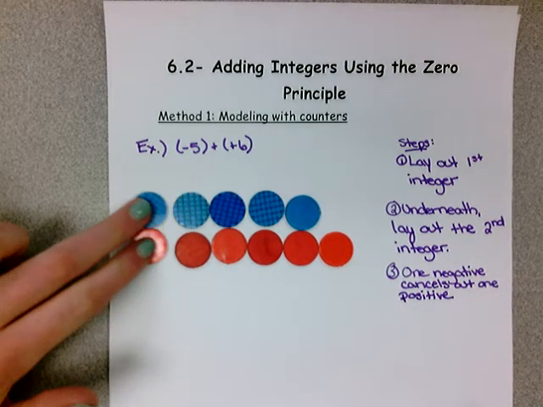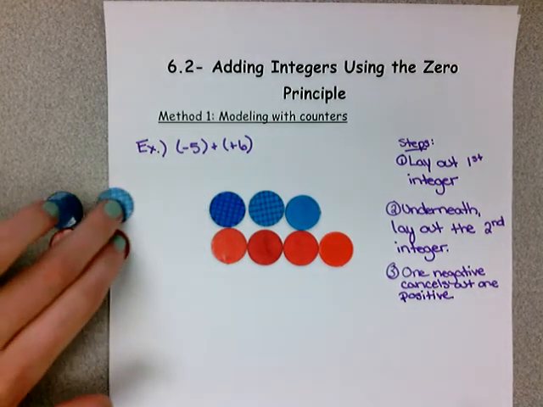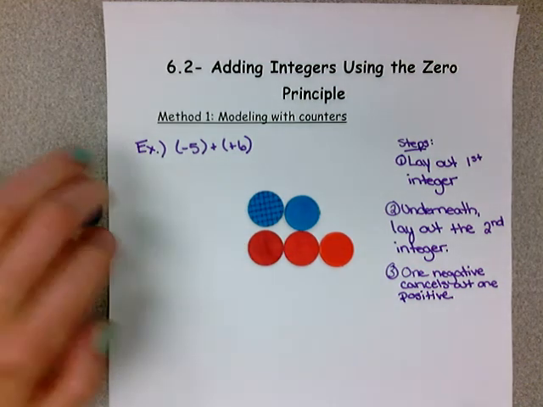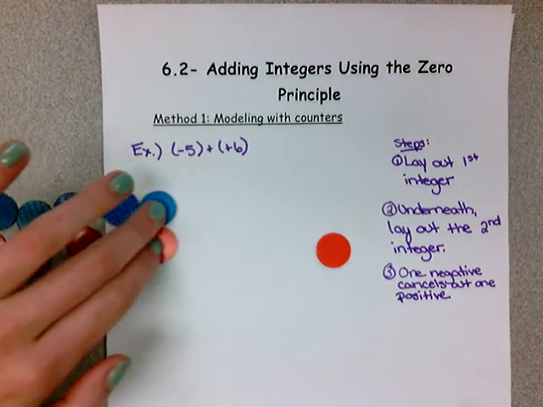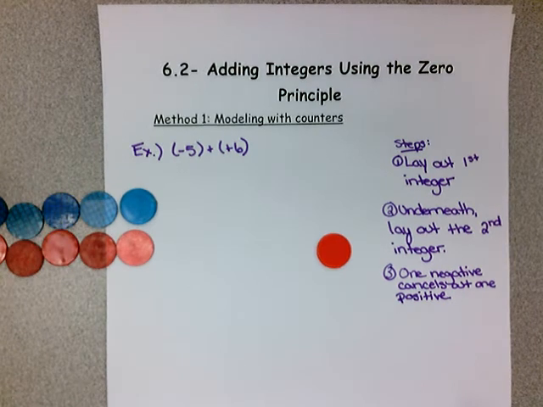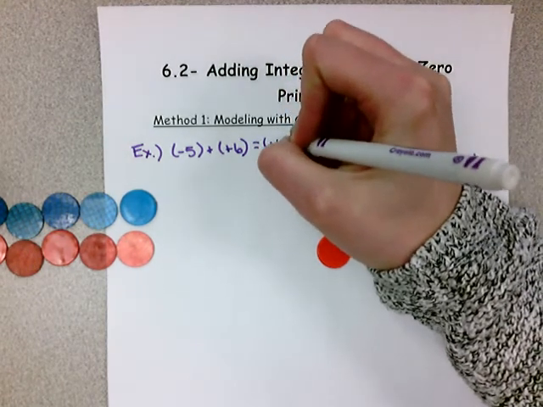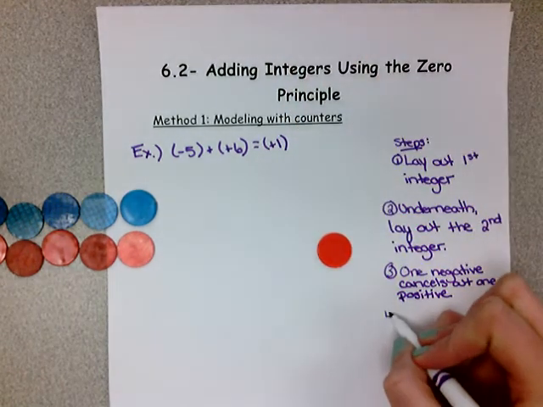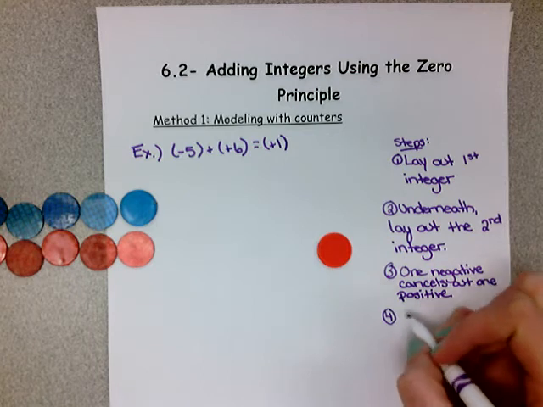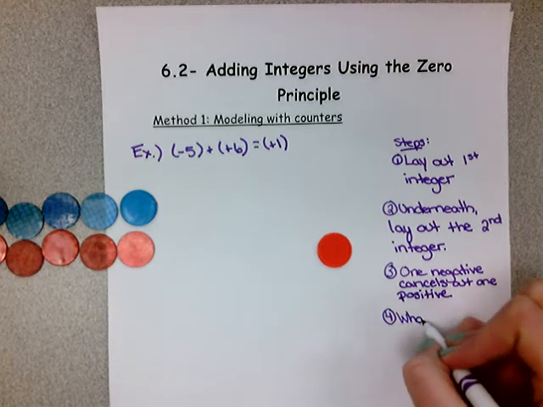These two here would cancel each other out, these would cancel each other out, these would cancel each other out, these two and these two. And then what we're left with is our answer. We're left with one positive counter, so our answer would be +1.